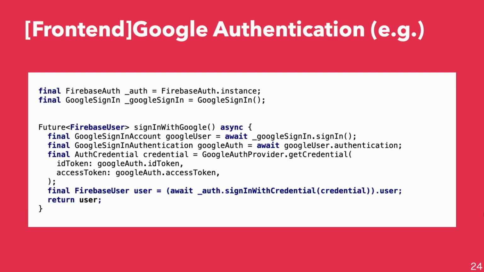In the same way, there are some data classes for the Google sign-in account and Google sign-in authentication. Before authentication, the credential data such as ID token and access token are required. After calling the sign-in with credential function, we can authenticate the user by Google sign-in.